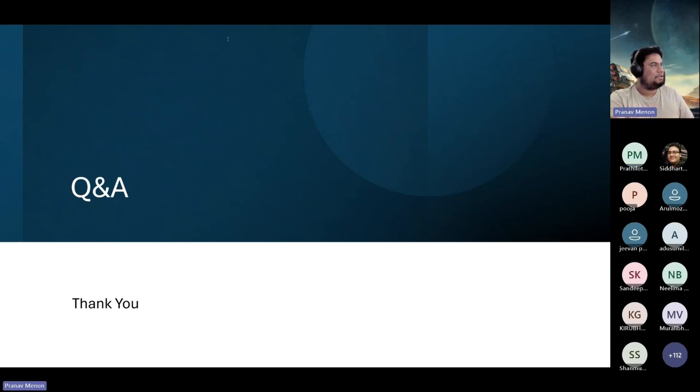So IBM has their own quantum computing platform. I'm sharing that link. You can try a few basic quantum programs, but do note that it's timed. You only get a particular number of hours, not even hours, a few minutes per day. It's free, but you can play around in that.